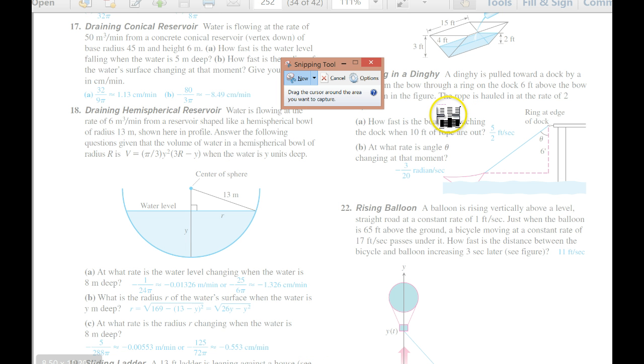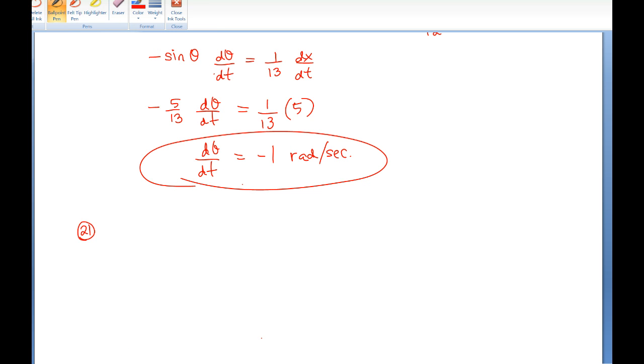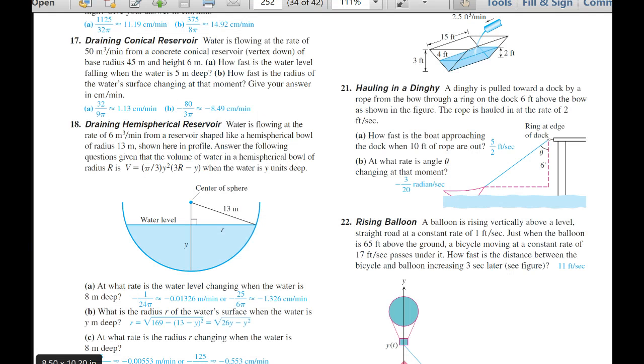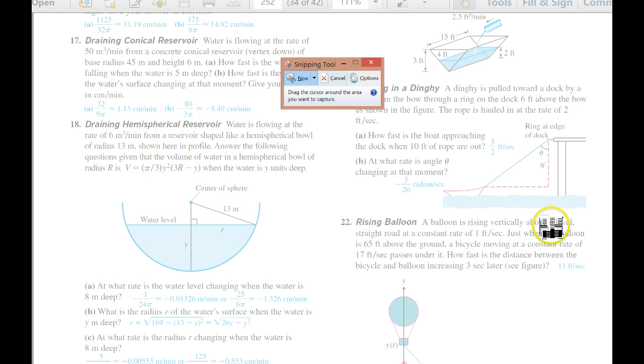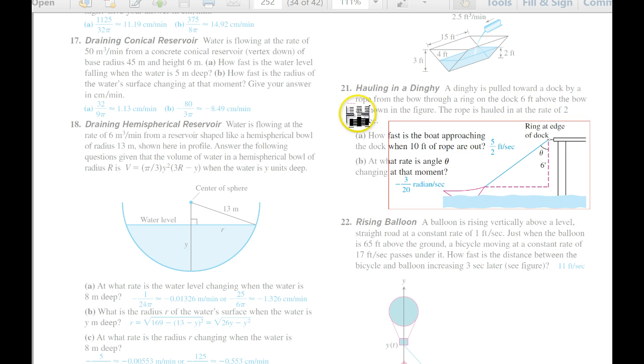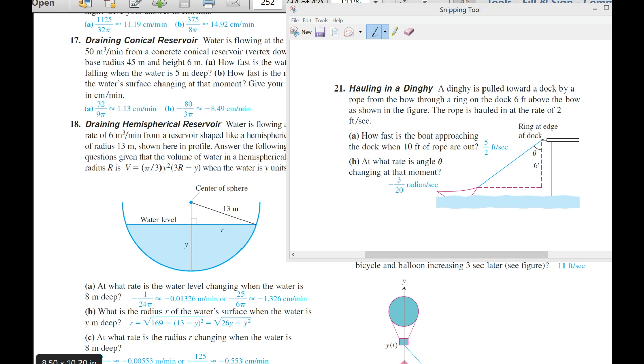Oh, I can't copy this picture very nicely. Why not? Hold on. I'll just clip the whole problem, because that will bother me. There we go.